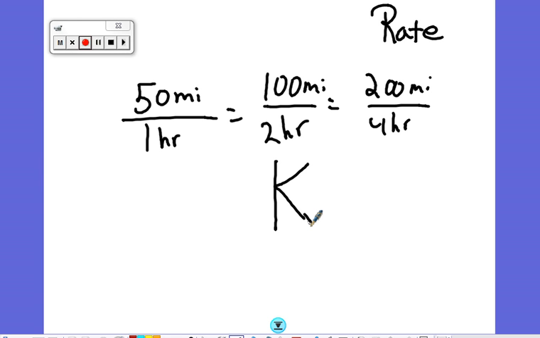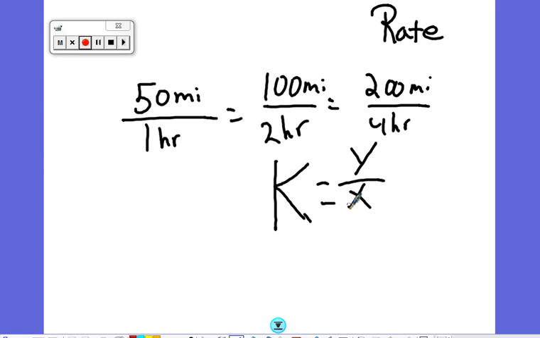In these three rates that are all equal to each other, I have K equals Y divided by X to get my constant, 50 miles in 1 hour.